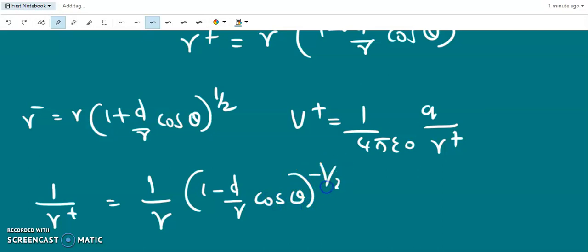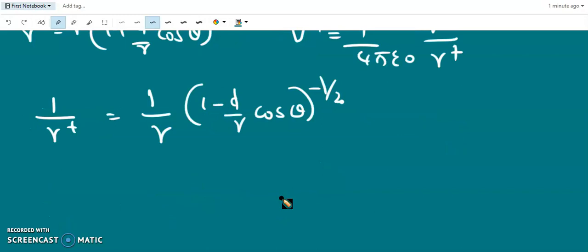So using binomial expansion, we can write this as 1 over r. We know that 1 minus x whole raised to n can be approximated as 1 minus nx if x is very small.